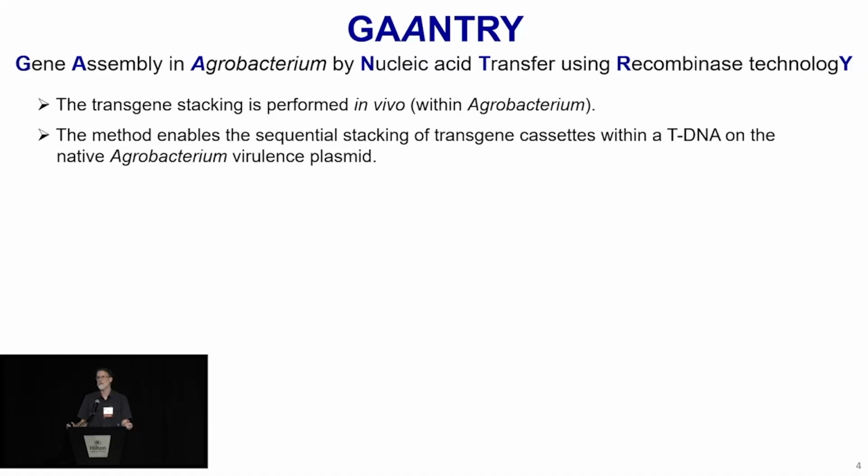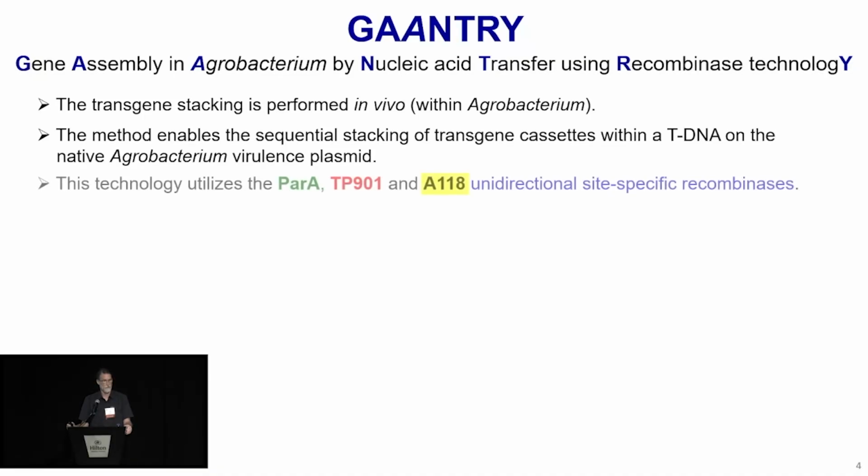That T-DNA is located in the native virulence plasmid of that Agrobacterium strain. So it's not on a binary vector, it's in the genome of the Agrobacterium on its virulence plasmid. Actually, it replaces the native T-DNA with your synthetic or introduced T-DNA.